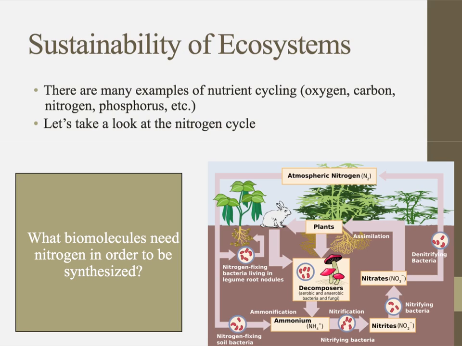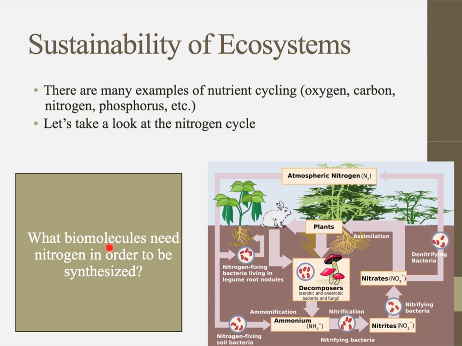So when I say things like nutrients, those nutrients can be a lot of different things. Regardless of what kind of nutrient we're talking about, they all cycle. Remember, Earth is a closed system. We're going to talk a lot more about oxygen and the carbon cycle. But what I want to take a look at now is the nitrogen cycle. Nitrogen often gets overlooked, but it's super important.